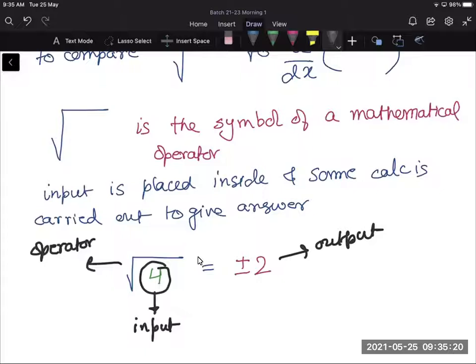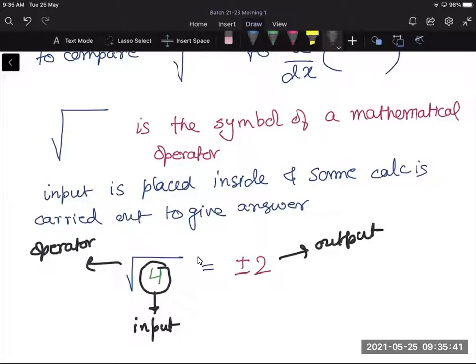The thing is that root 4 is so easy and so common that I don't need to carry out that mathematical operation in the background. I can simply write the value of under root 4. Under root 16, similarly, I can just write plus 4, minus 4.